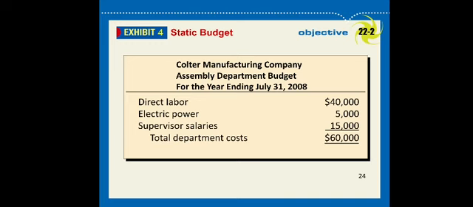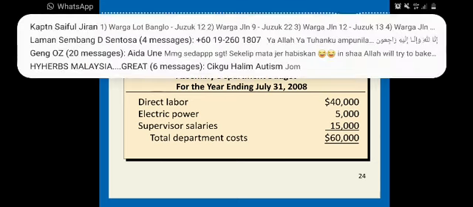It is a 1 year budget ending July 31st, supposed to be 2018, I think. You have to estimate the direct labor cost for the department, electricity cost for the year, supervisor salary for the year, and then you can calculate the total cost for the department. Very simple.